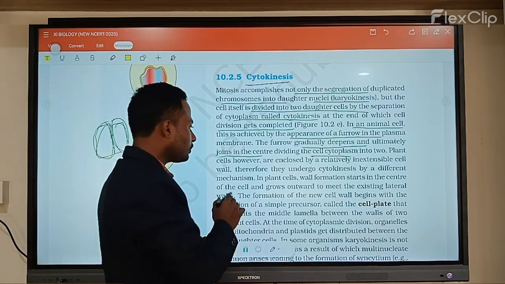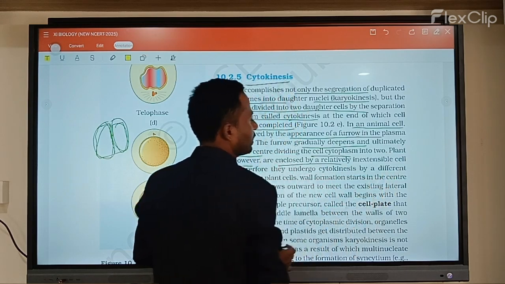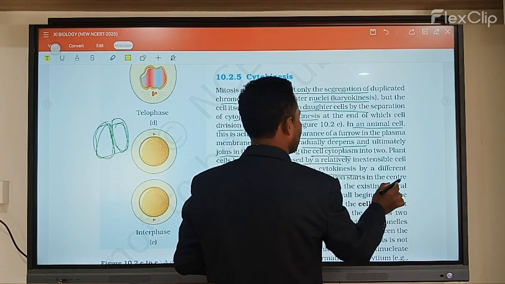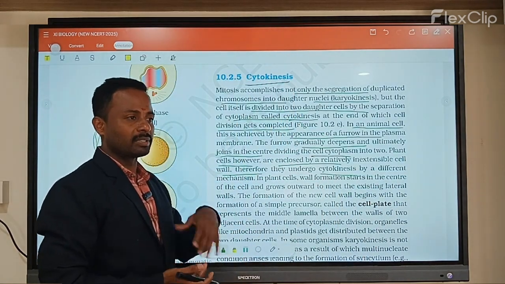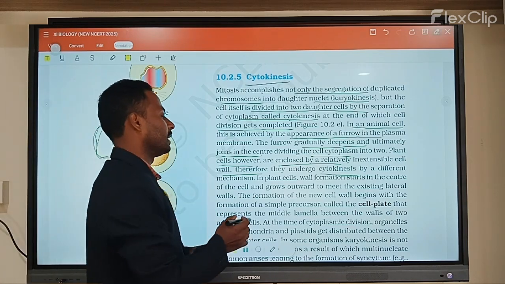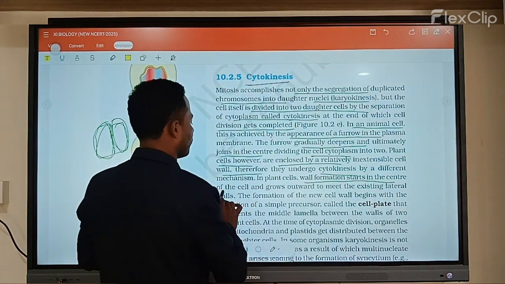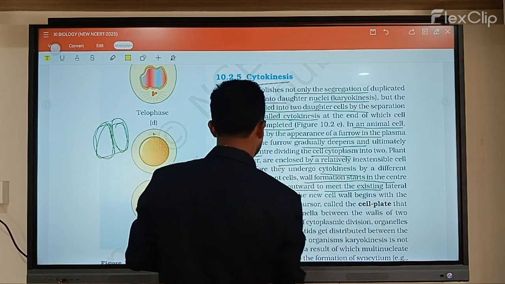In plant cells, however, the cells are enclosed by a relatively inflexible cell wall, therefore they undergo cytokinesis by a different mechanism. So cytoplasmic division takes different forms in different organisms. In plant cells, wall formation starts in the center of the cell and grows outward to meet the existing lateral walls.